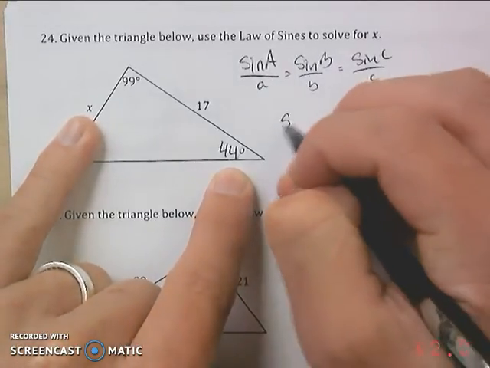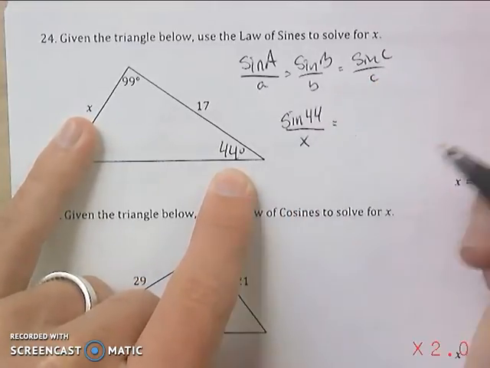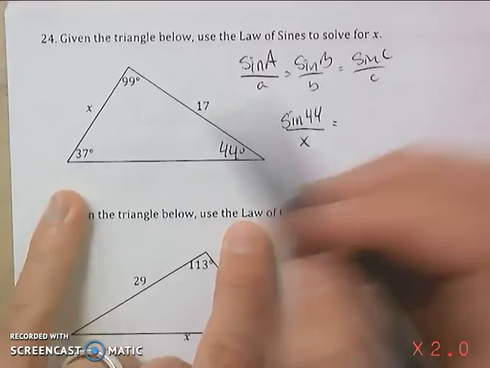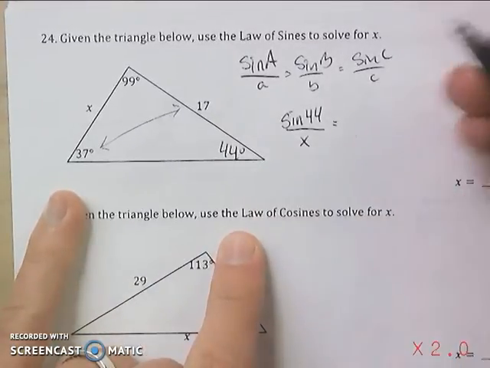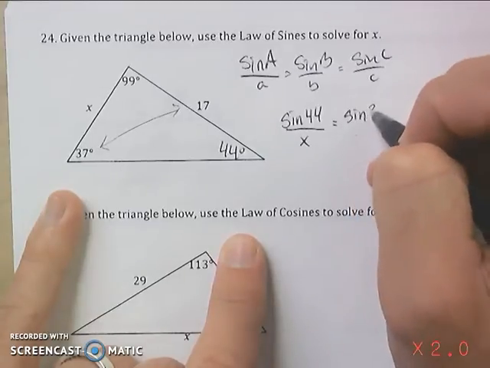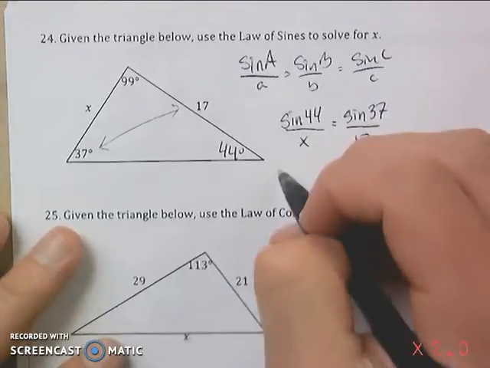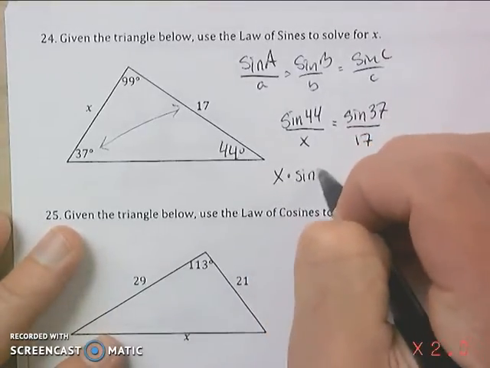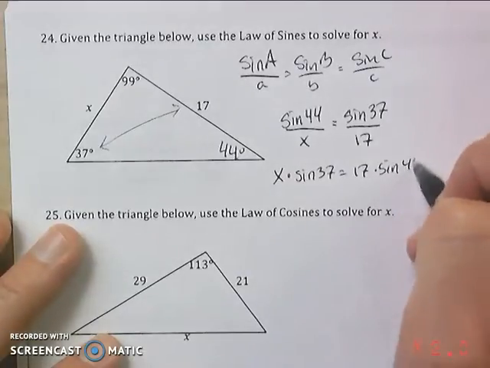So we're going to take the sine always of the angle on top over its opposite equals. Now we've got to use something that we know both pieces of information about, and that would be these two. So we're going to take the sine of 37 over 17. Go ahead and cross multiply. We're going to get x times sine of 37 equals 17 times sine 44.